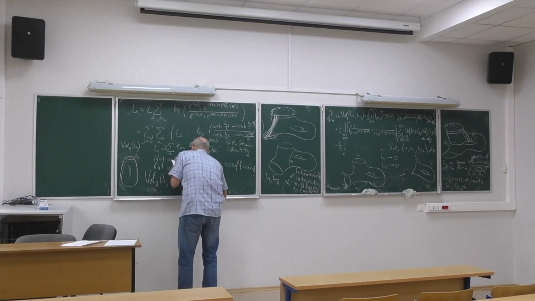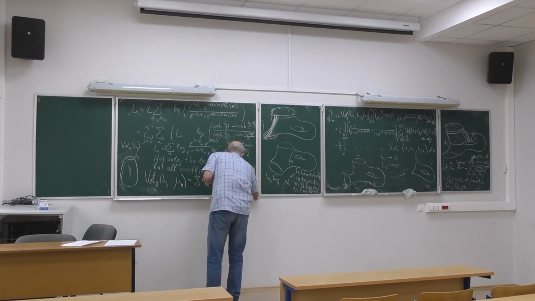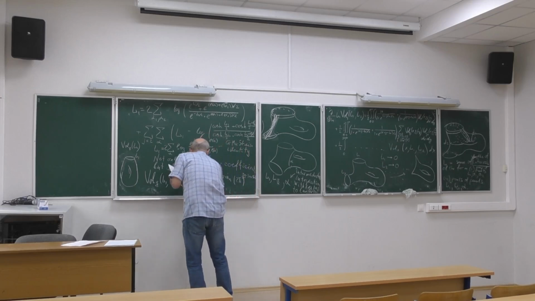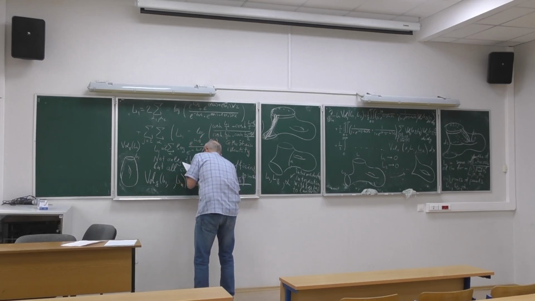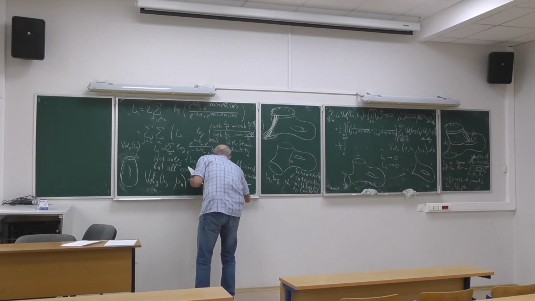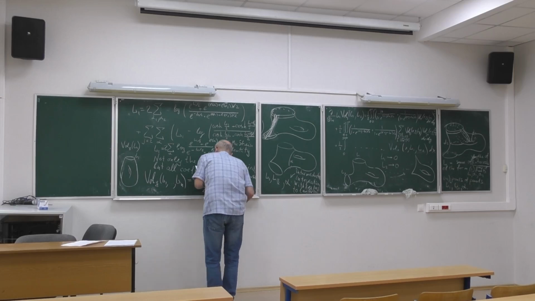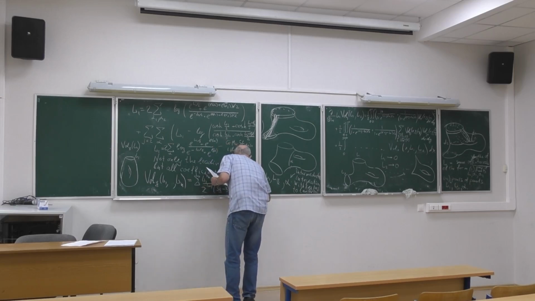It is L1 to the power 2m1, ..., Ln to the power 2mn, 2 to the power (2g minus 3 plus n minus m) over 2 to the power m, (3g minus 3 plus n minus m) factorial.